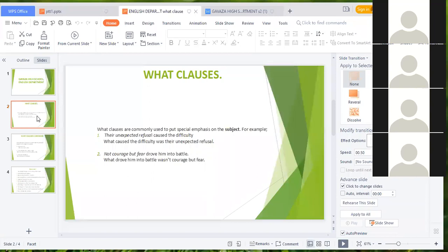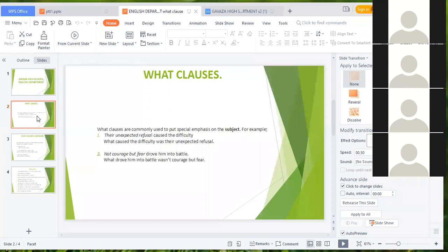All right. So what clauses are commonly used to put special emphasis on the subject. Someone is putting up a hand. Okay, let us first handle this, then we shall look at all the hands, all the queries after. So the what clause is used to put emphasis on the subject.